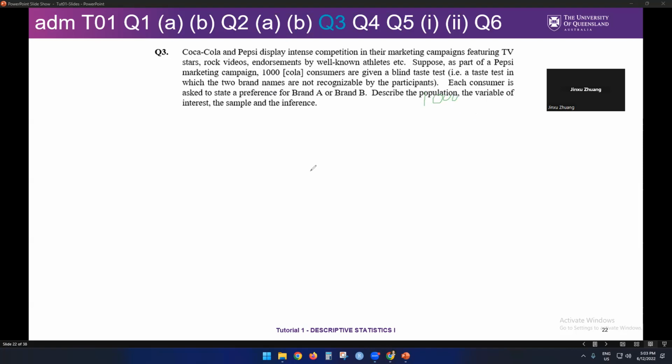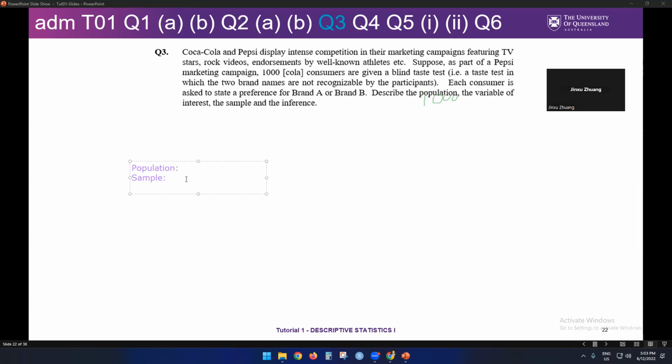Okay, so population, and I would like you guys to move your mouse to the top and click annotate, and then you can start writing things. I will myself write something here, so you guys, population, 2 points, and sample, 2 points.